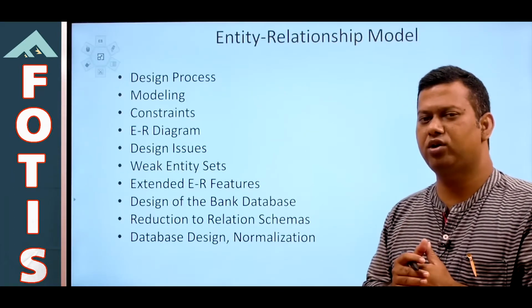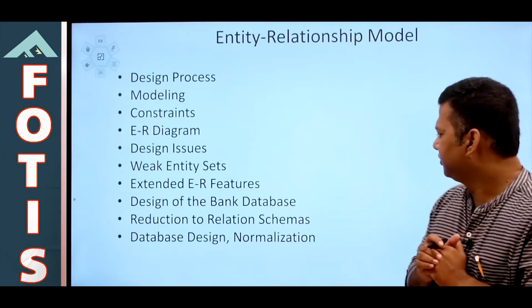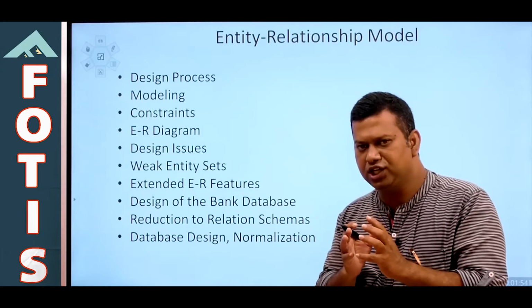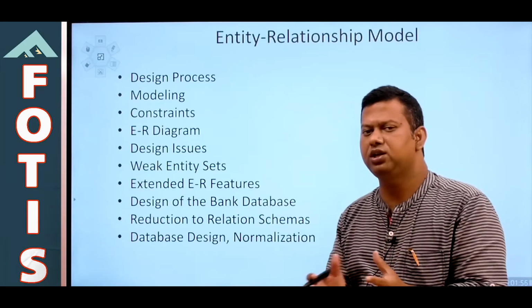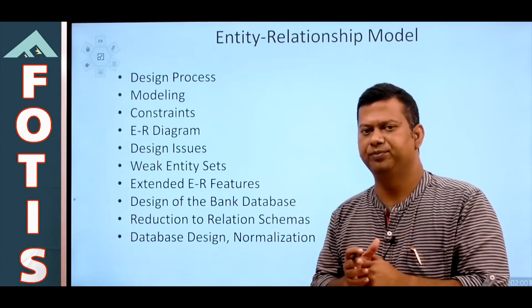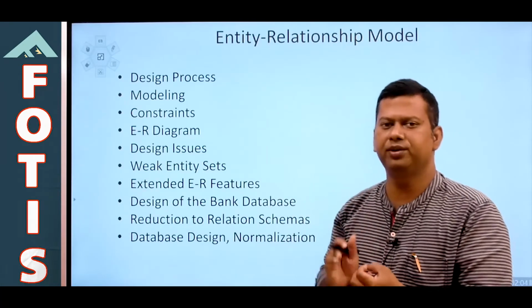What is normal form? There is a concept called normalization. So first we follow the ER model to get our basic database design. On that basic design we apply normalization.